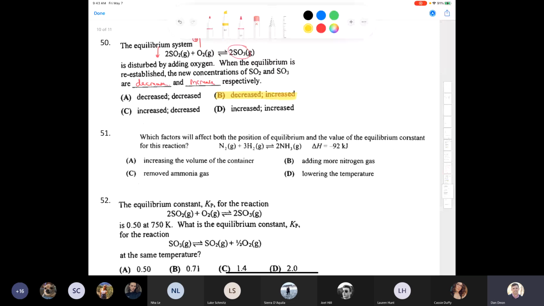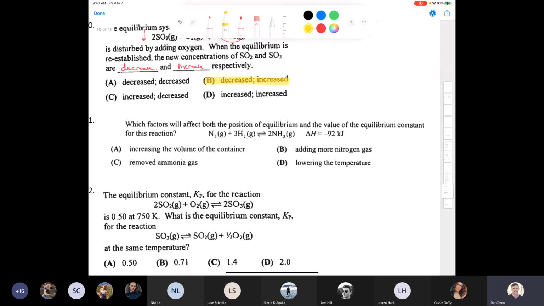It says, which factors will affect both the position and the value of the equilibrium constant for this reaction? So we want to affect both the position of the equilibrium and the value of the equilibrium constant.